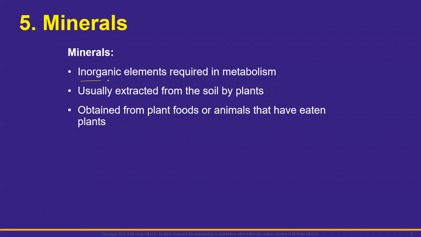So these are inorganic elements required in metabolism. Okay, so usually extracted from soil by plants. So plants absorb a lot of these minerals and then they are obtained from plant food and animals that have eaten the plants.